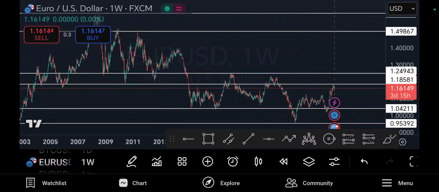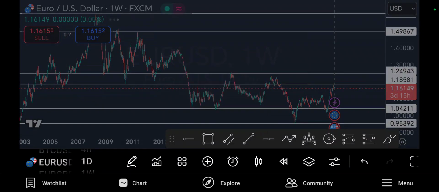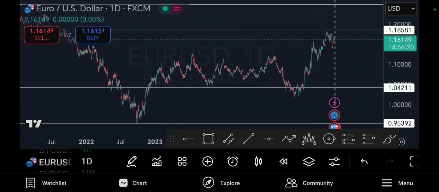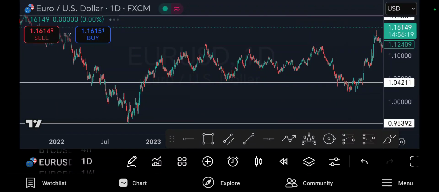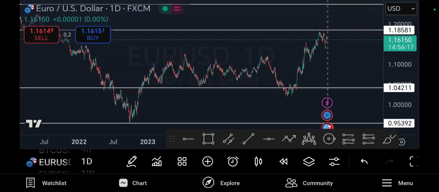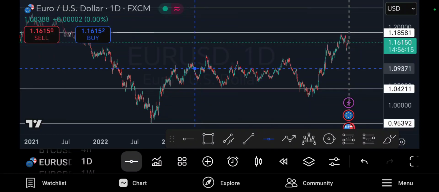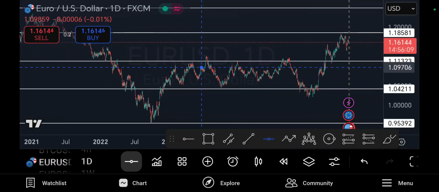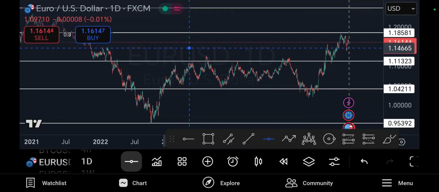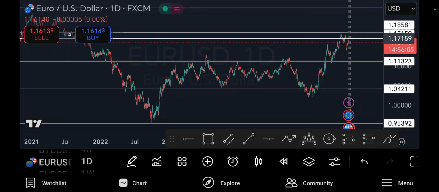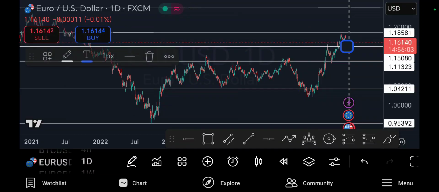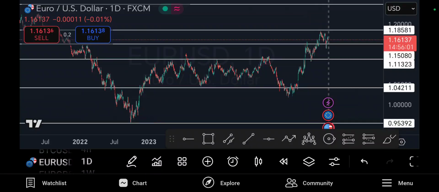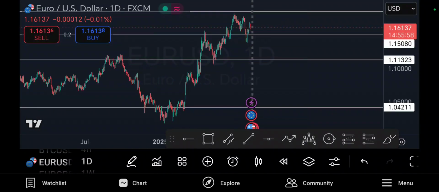This is EUR/USD. We go to the daily. As we can see on the daily, there is this area here we have to look out for, and we can also mark this one as well. See right here. Yeah, cool.